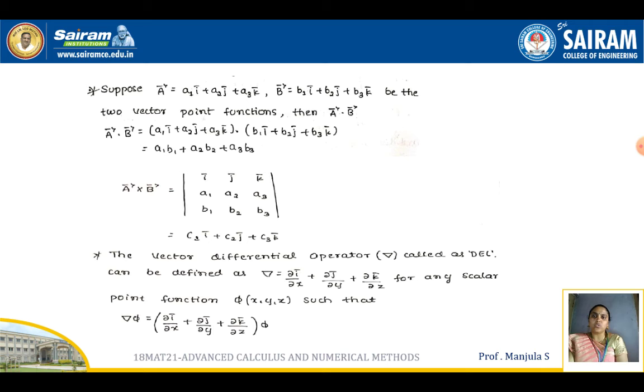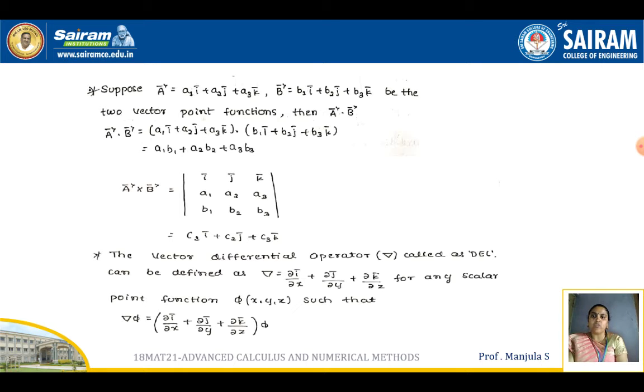Now the next note will be like this. Suppose vector A can be written as a1 i cap plus a2 j cap plus a3 k cap, and vector B can be written as b1 i cap plus b2 j cap plus b3 k cap, be the two vector point functions. Then A dot B, the multiplication of two vectors, can be written like this.